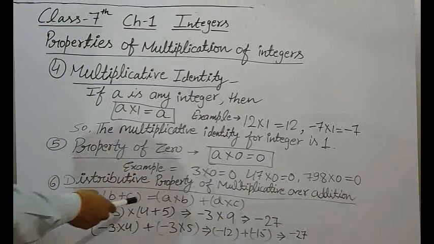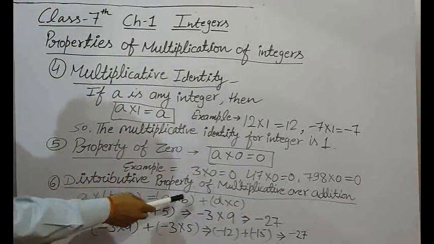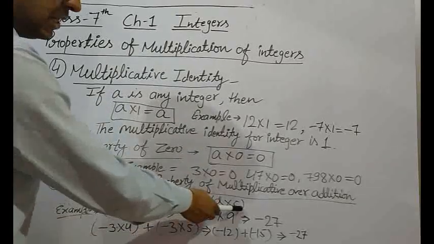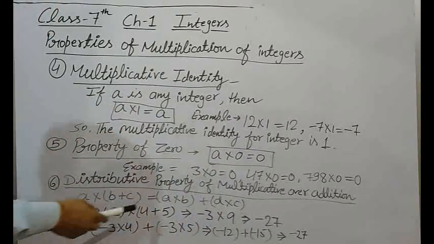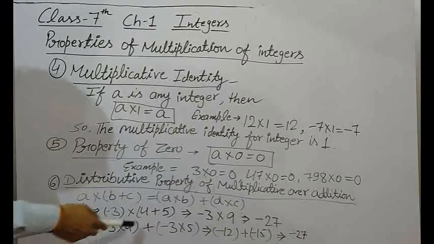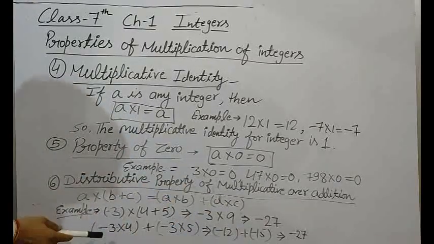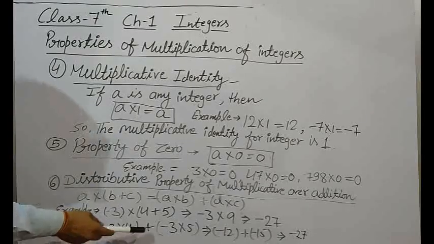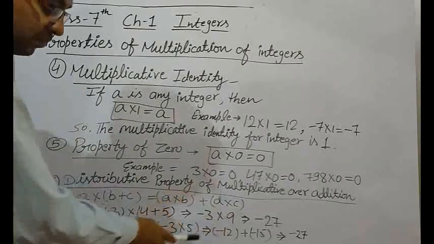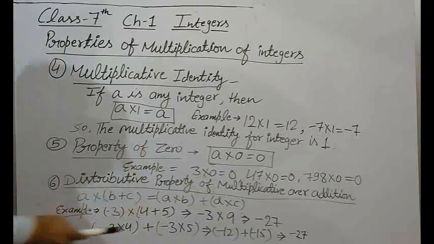Now we solve the RHS: a multiplied by b plus a multiplied by c. We write the values of a, b and c. So a multiplied by b means -3 multiplied by 4, plus a multiplied by c, -3 multiplied by 5.